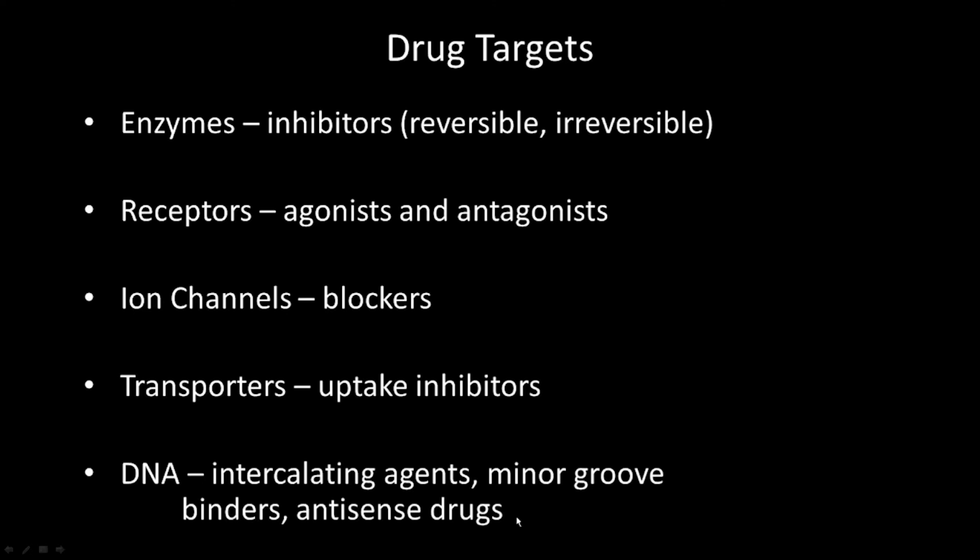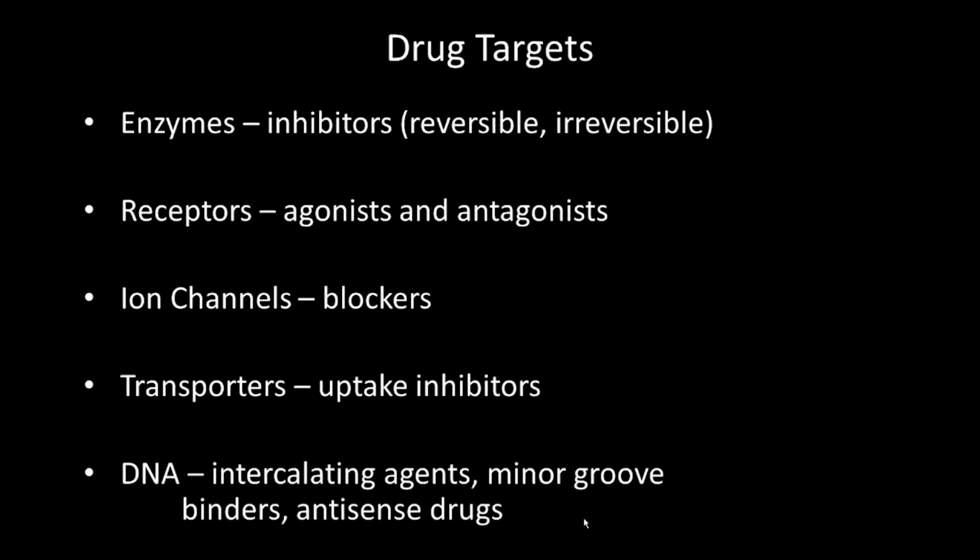So depending upon the target, you call your drug an inhibitor or agonist or blocker or uptake inhibitor or intercalating agent or minor groove binder and so on actually. So if you look at the enzyme, you could have a competitive inhibition, non-competitive inhibition, allosteric and so on.